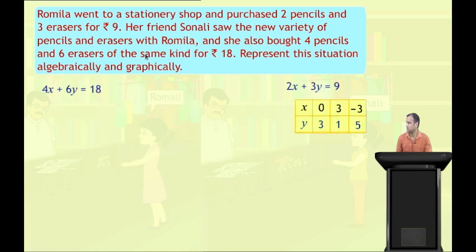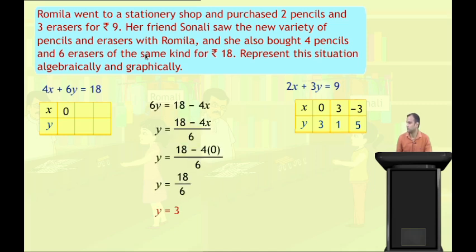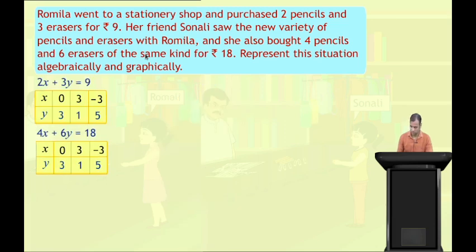Now for the next situation we will do the same. So y equals 3, and if we put x equals 3, then we will get y equals 1. If x equals minus 3, then we get 5. Okay, so here we have two equations and these are the points.